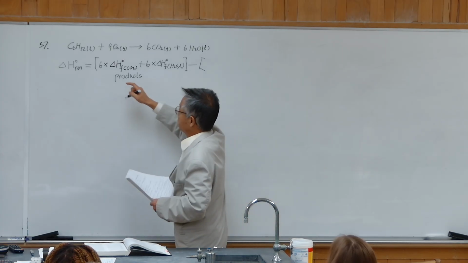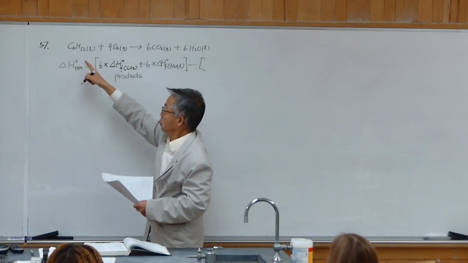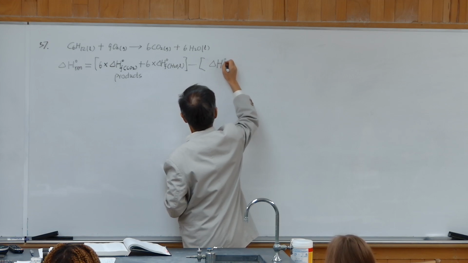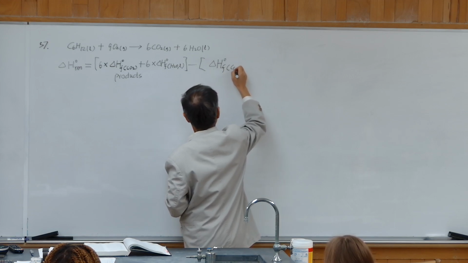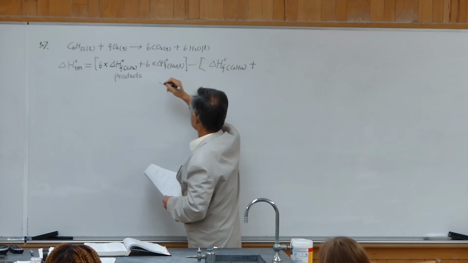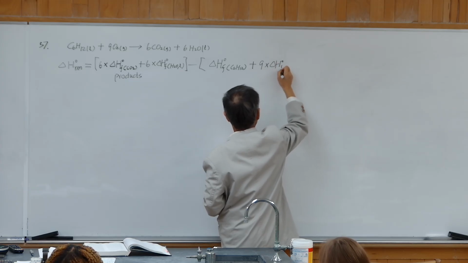What are the reactants? C6H12O6, no number means 1, right? Plus 9 oxygen gas. This is a free element. The value is 0.